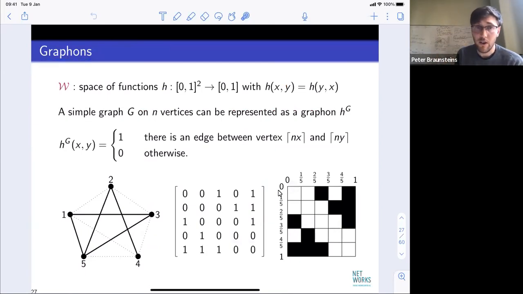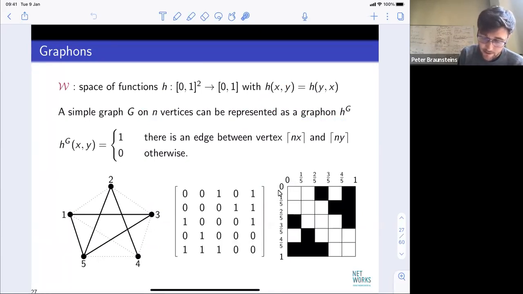Firstly, what is a graphon? A graphon is a function from the square [0,1]² to [0,1], such that the function is symmetric. Any simple graph with n vertices can be represented as a graphon.